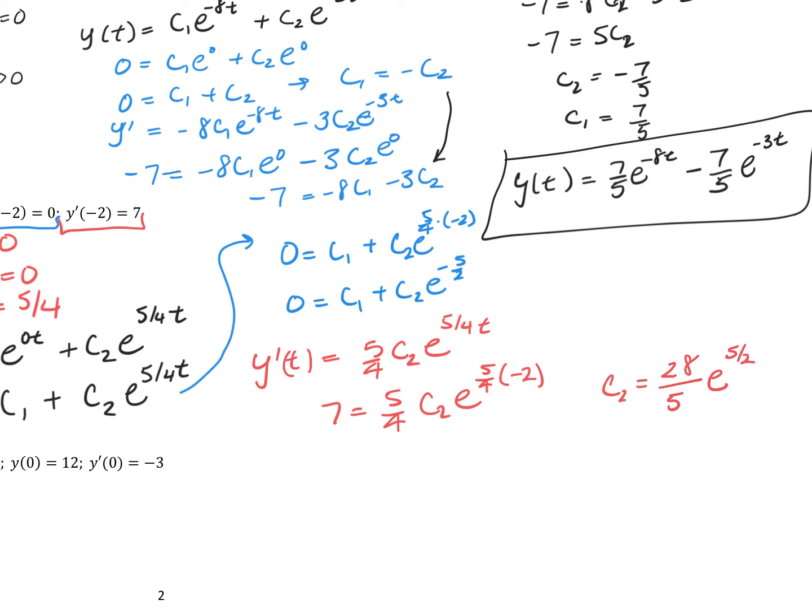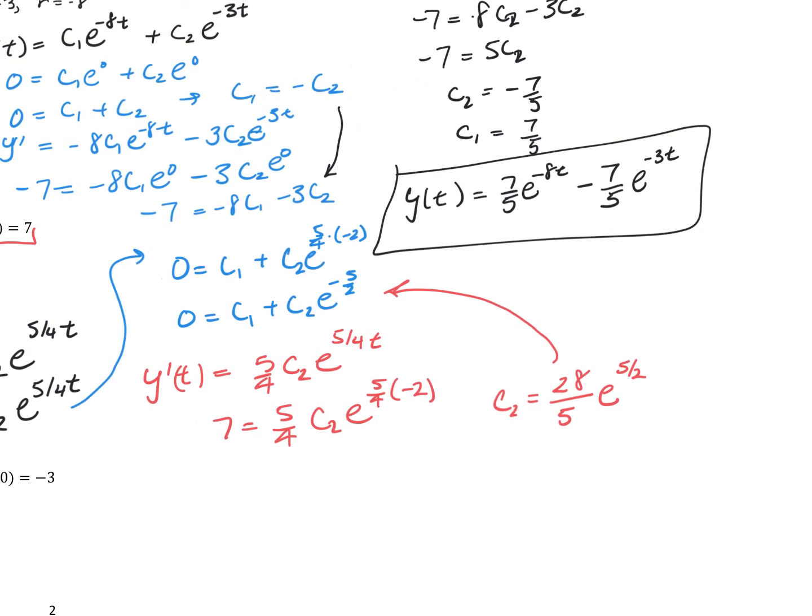If that's my c sub 2, I'm going to plug that back into here to find my c sub 1. I end up getting c sub 1 is equal to -28 over 5.